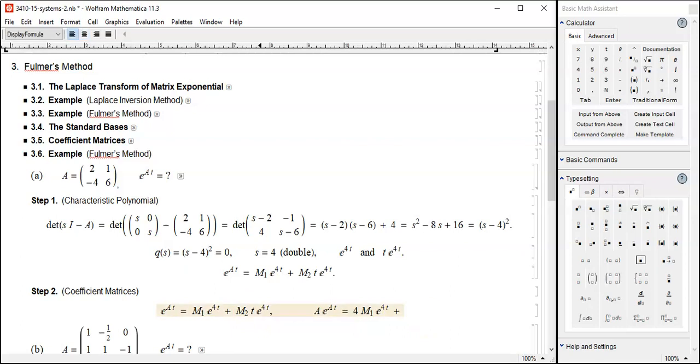So we need M2 e to the 4t power. And then we have to take the derivative of the second term for M2 t e to the 4t power. Let's see, did I do everything correctly? Derivative and then the product rule. I don't need second derivative because this is just 2 by 2. We need two equations, so original and first derivative will do.